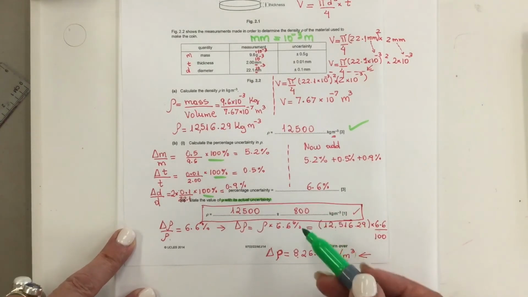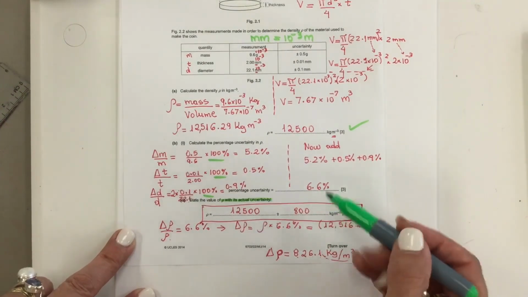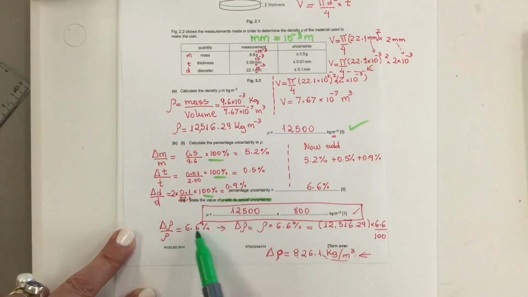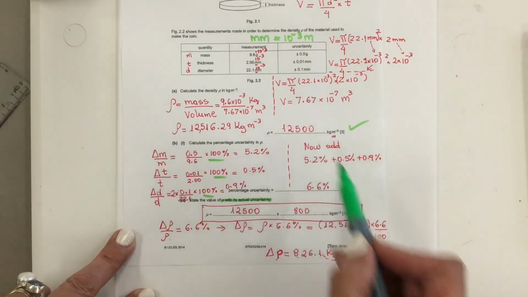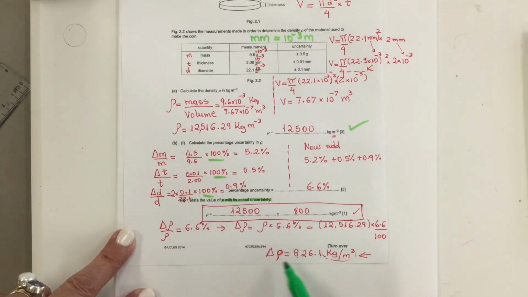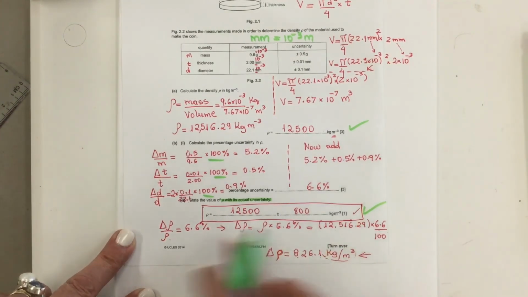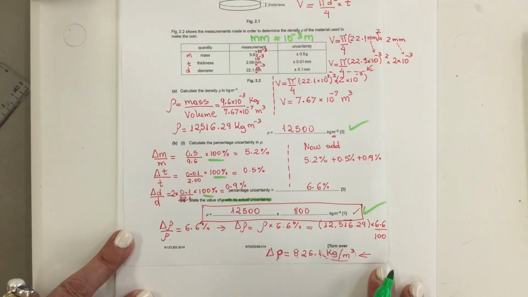So then you need to add a unit to this percentage uncertainty. In order to add a unit, you need to multiply by the value of rho and keep the original one, not the rounded one. And now we have the actual uncertainty of the density. And then you present your final answer as is indicated.